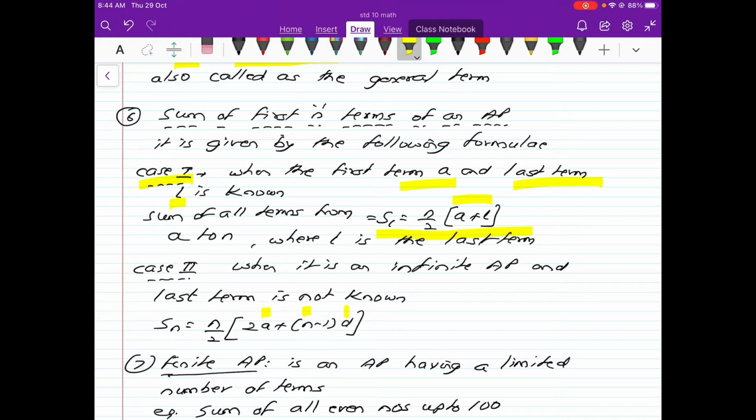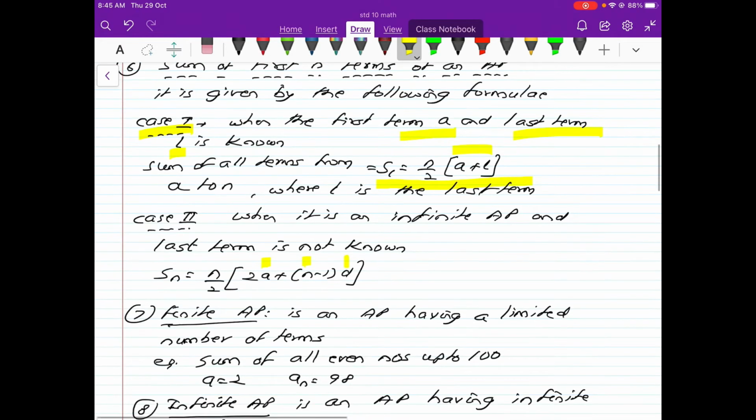Because we are calculating the sum of 500 terms. So when the last term is not known, because it is an unending infinite AP, in that case the formula goes like this: n upon 2 into (2a plus (n minus 1) into D).